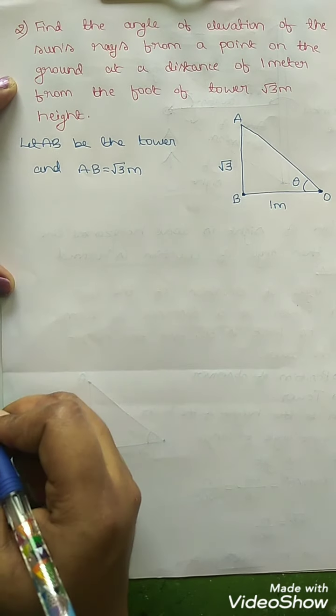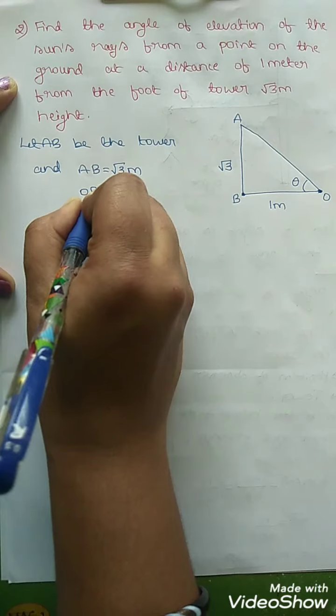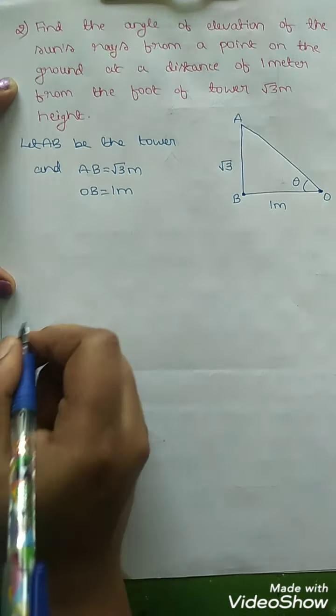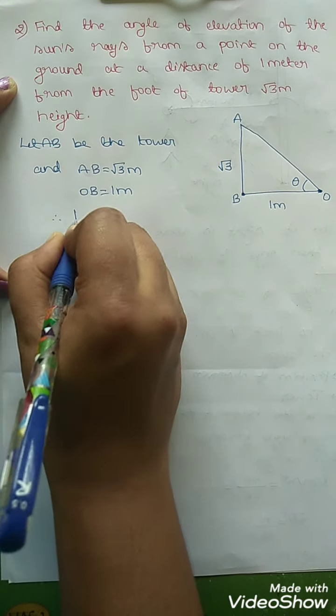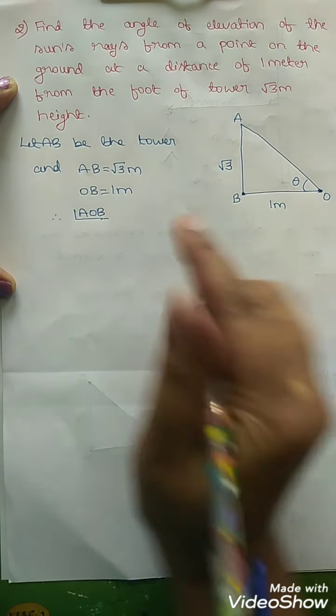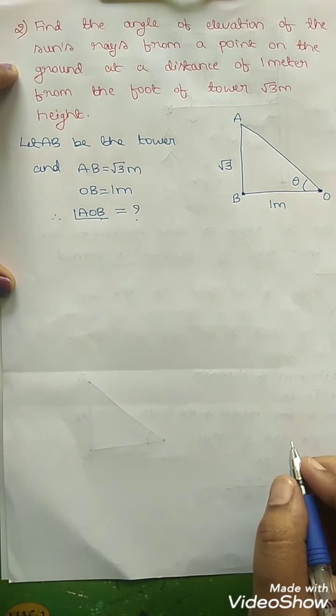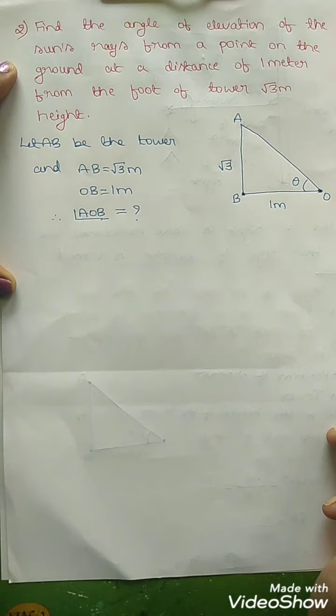That is the height of the tower. And OB equal to 1 meter. We have to find out angle AOB. That is the angle of elevation. Angle AOB equal to how much? Consider that as theta.